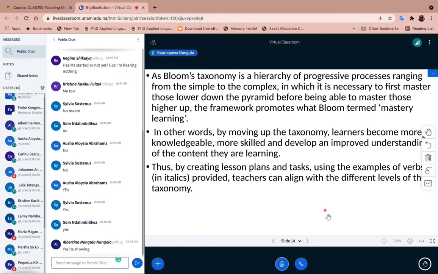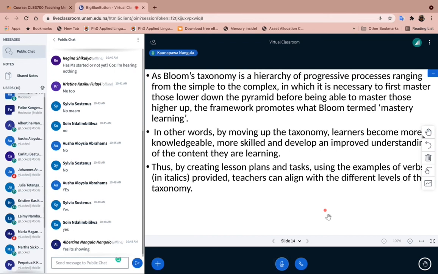We are not starting from scratch when it comes to teaching, especially teaching English. Which means that you can mix up the levels. You don't have to start with remembering always. It's possible to start with analyzing, for example, but it depends on the level and the topic that you are teaching your learners.